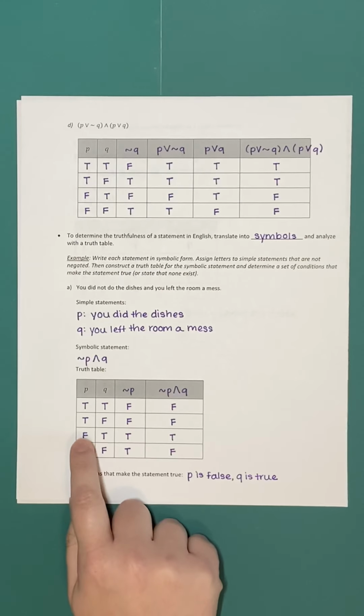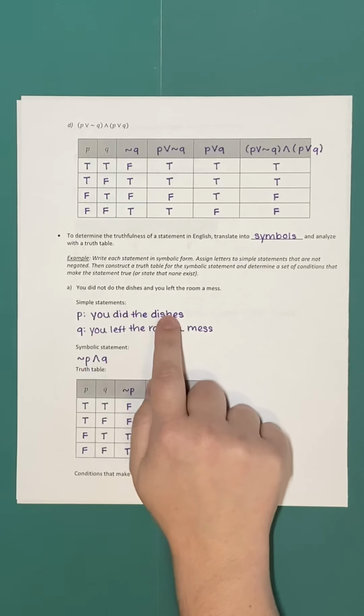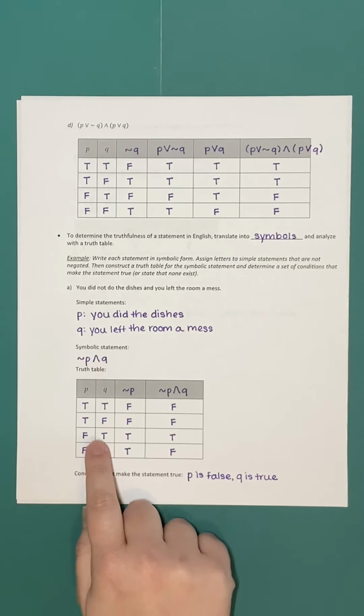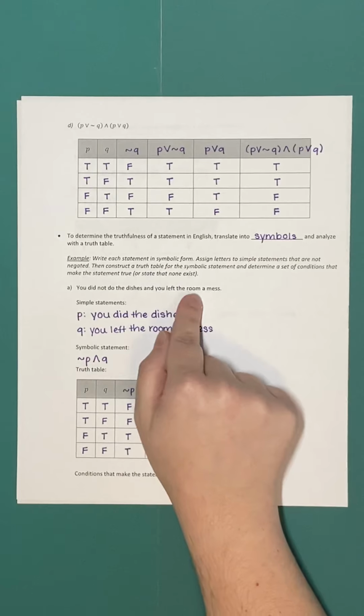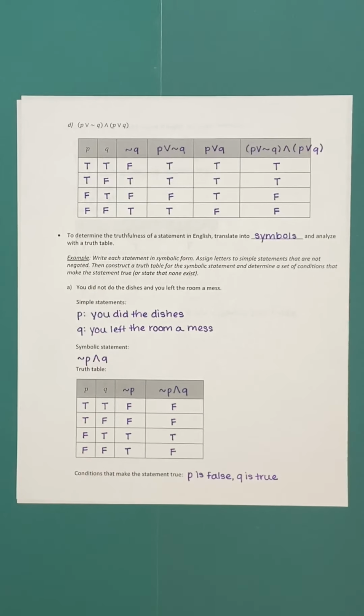So if it is false that you did the dishes, and if it is true that you left the room a mess, then we could say that you did not do the dishes and you left the room a mess is a true statement. That would be our conclusion. So those would be the only conditions under which this statement is true.